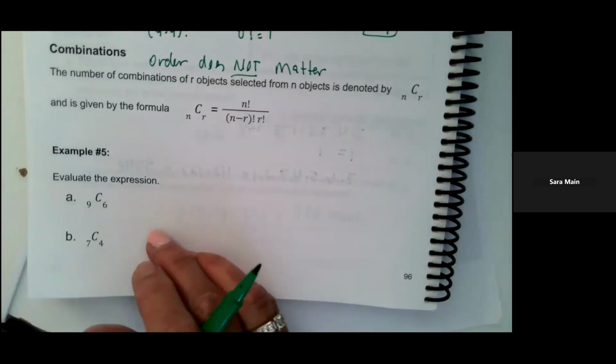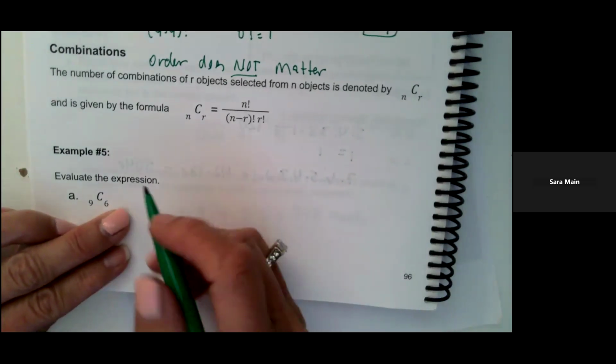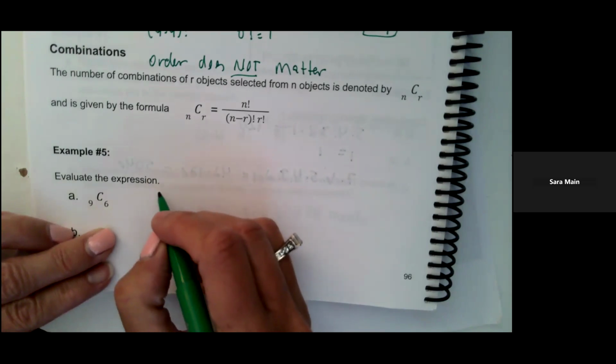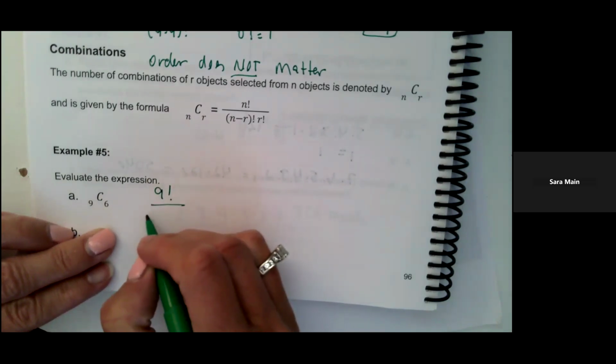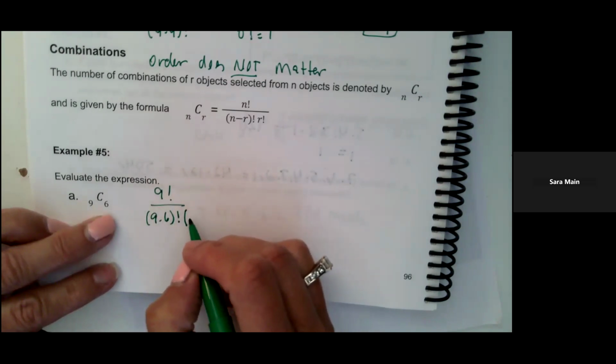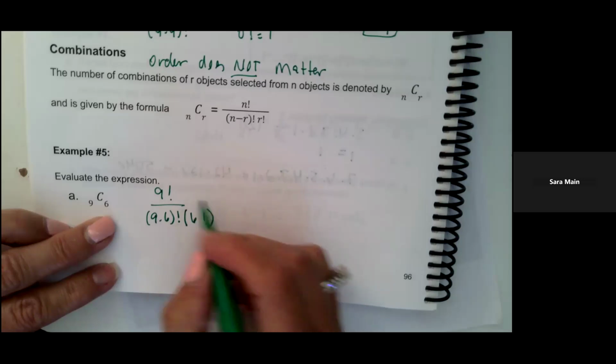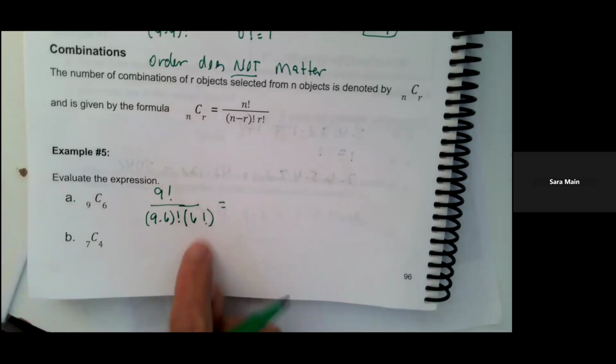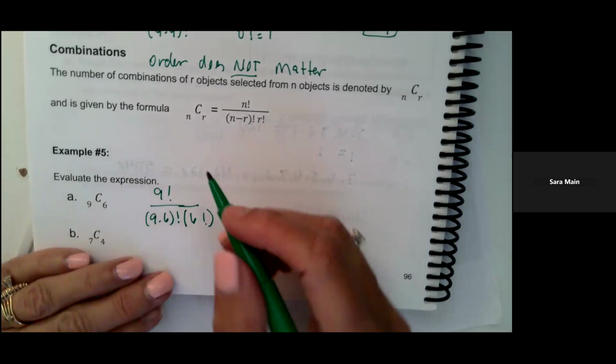So let's look at 9 choosing 6. So 9 choosing 6 would be 9 factorial over 9 minus 6 factorial times 6 factorial, because we're also dividing out all of the repeats. That's the 6 factorial.